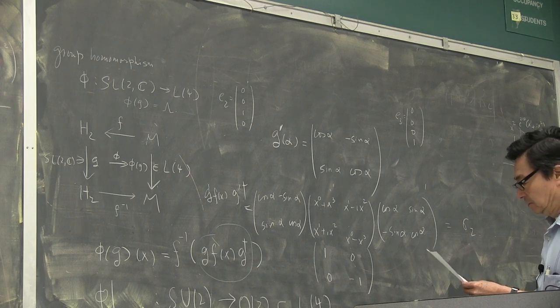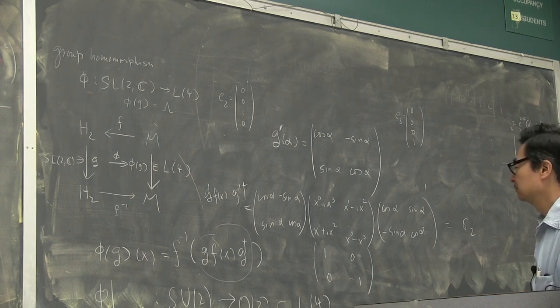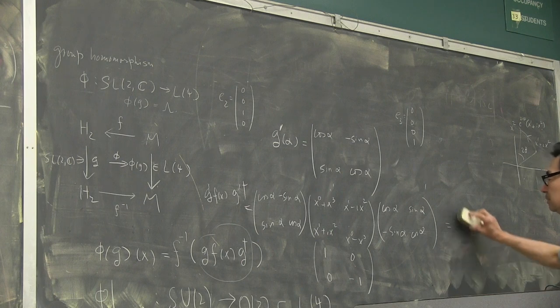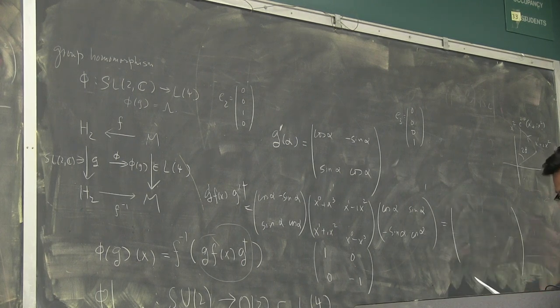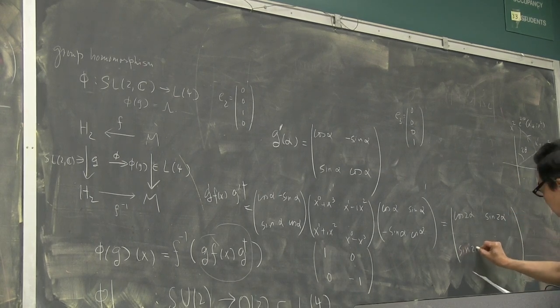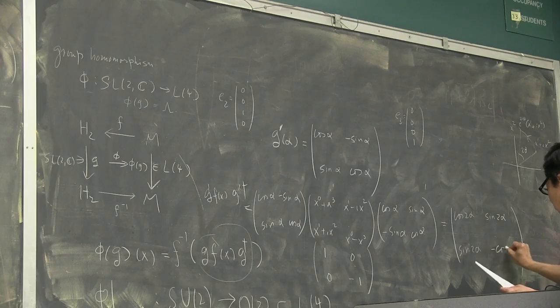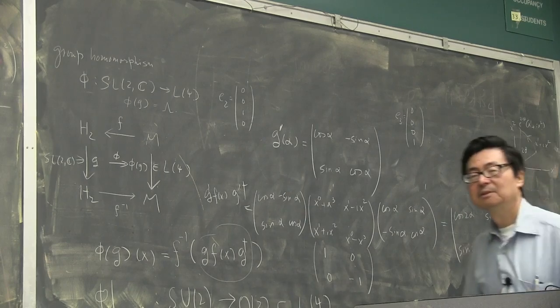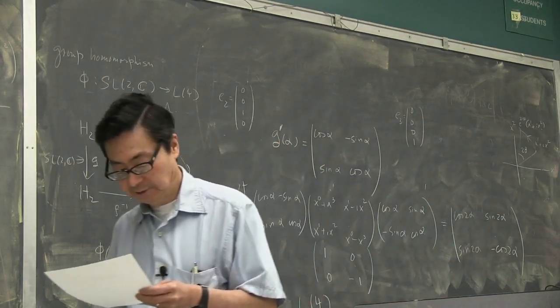But if you multiply these together, you're going to discover that this time it is going to be equal to cosine 2 alpha, sine 2 alpha. Go home and do all these matrix multiplications, which is actually part of the simple exercises in this chapter.